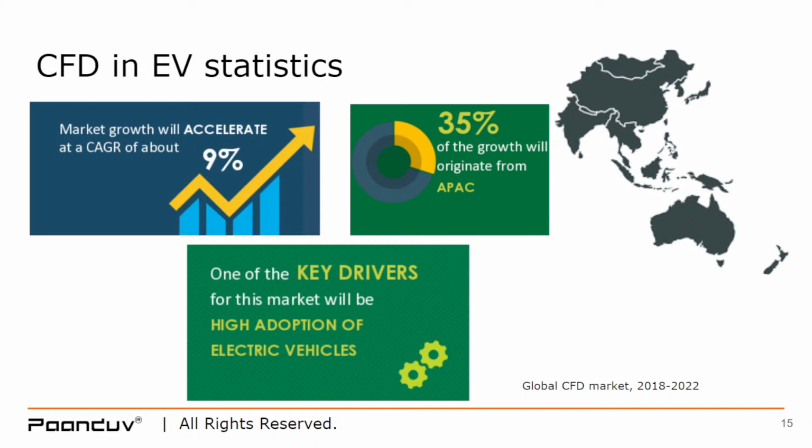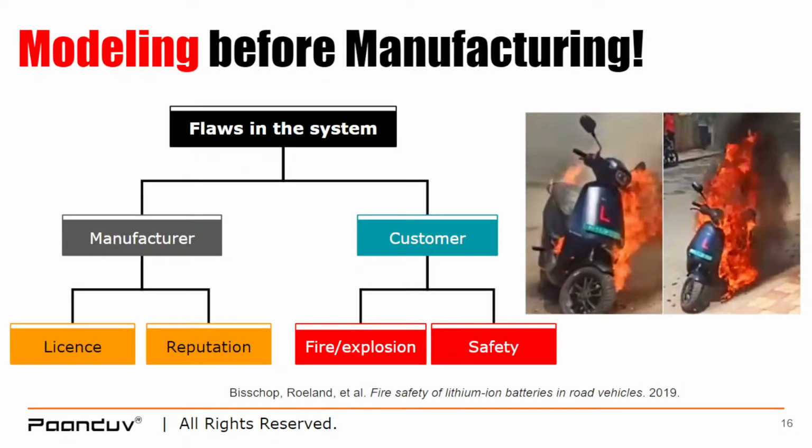That includes India, China, Australia, New Zealand, and some of the other Southeast Pacific countries. It is estimated that one of the biggest drivers of CFD in the upcoming years is going to be the high adoption of electric vehicles in the market. So this is how CFD is very directly relevant to the electric vehicle market.